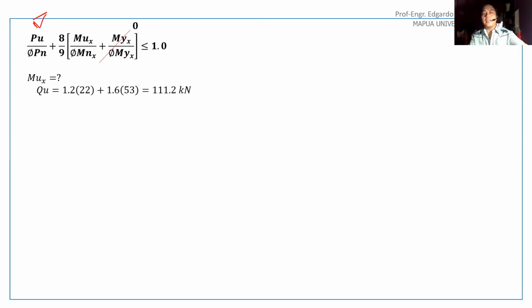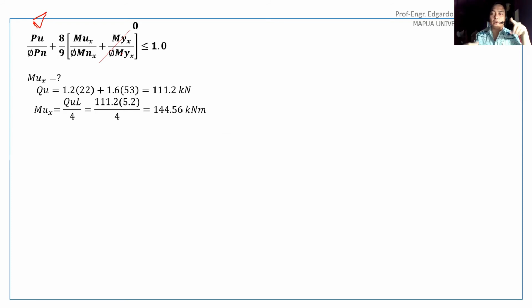So I just compute first the factored load due to the lateral load, 1.2 of the dead plus 1.6 of the live. So we got 111.2 kilonewtons. That is the factored lateral load. Then our Q would be the concentrated load applied at the midspan of a simple beam. So our maximum moment there is PL over 4, right?